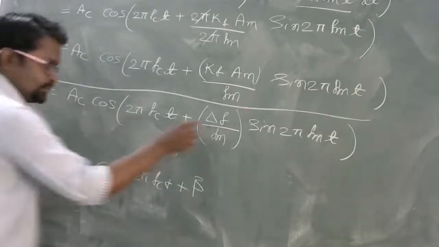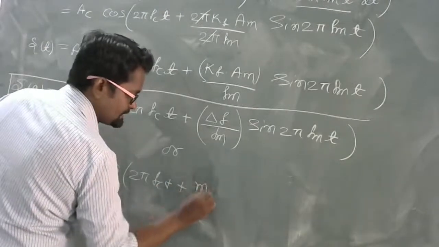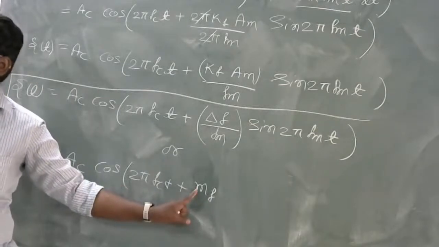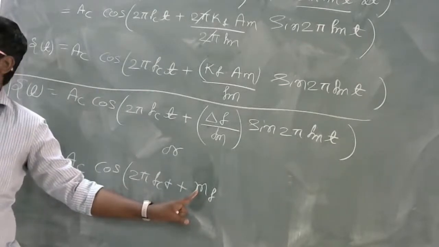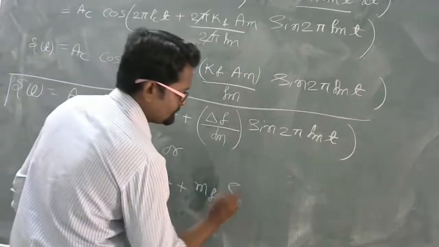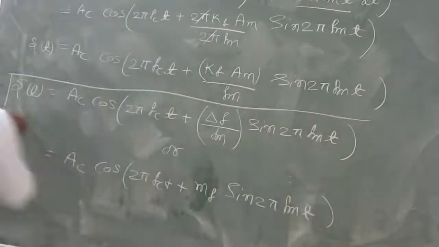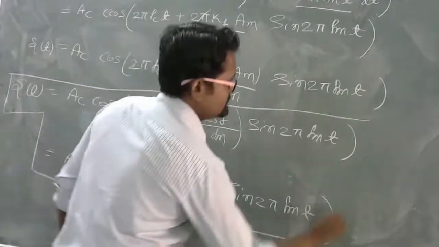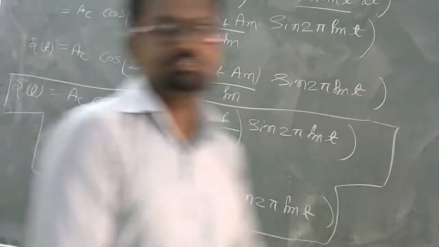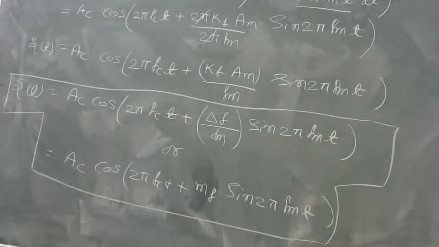In some books, the modulation index is written as beta. I am representing the modulation index as mf. In the case of amplitude modulation, the modulation index is written as m. So this one is the generalized equation for the FM signal.